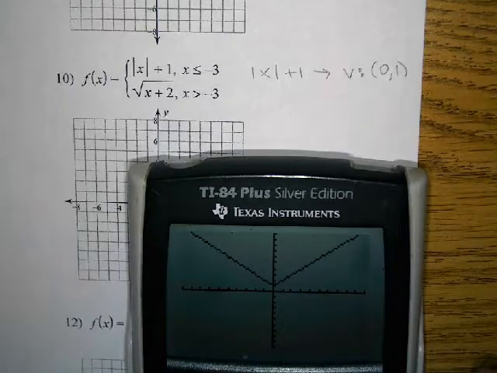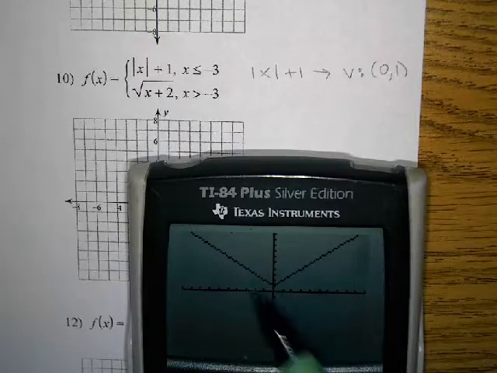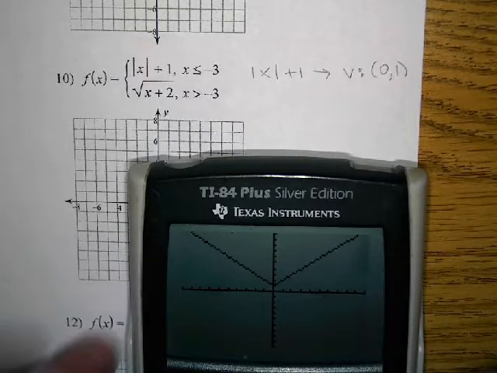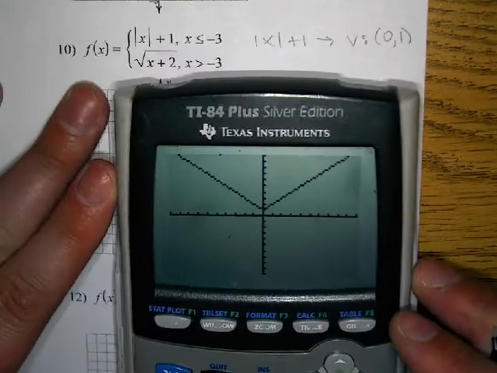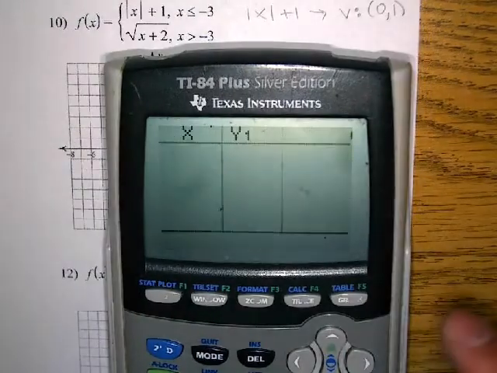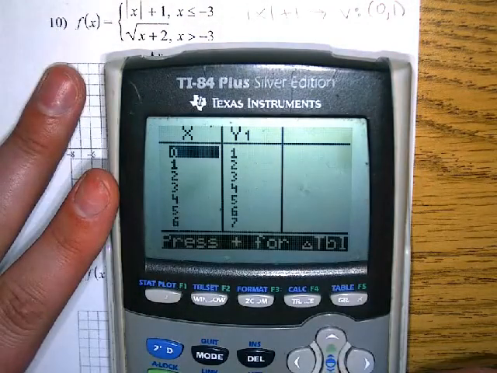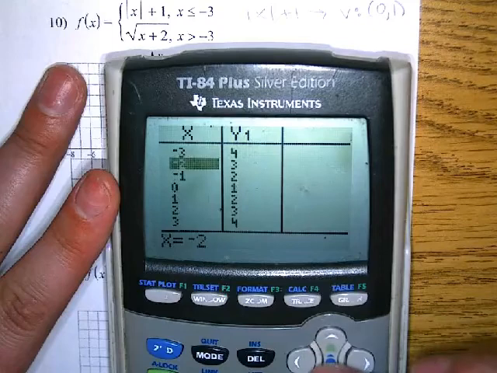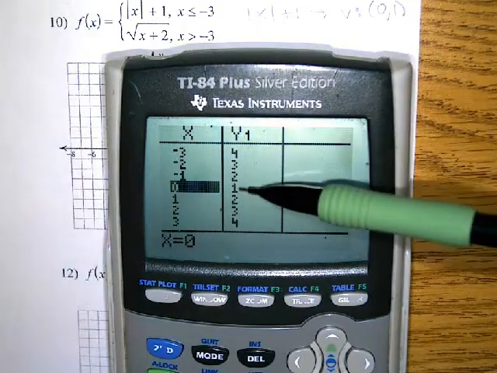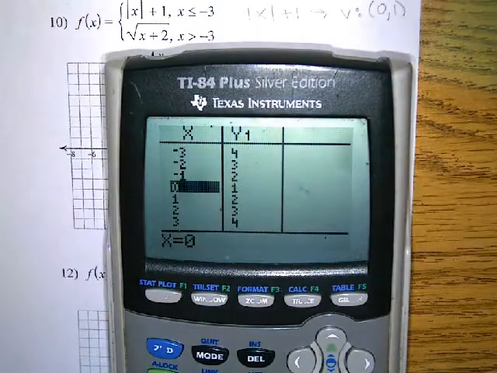Once I know what the graph looks like, I'm going to hit second graph and look at the table, and find the vertex on the table. So 0, 1. I have the point 0, 1.